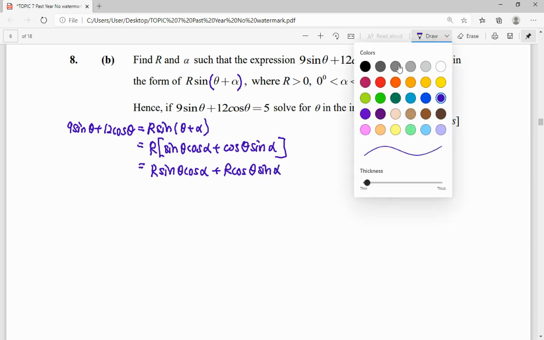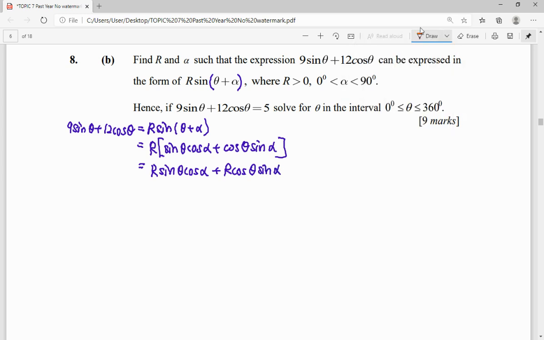So as we compare here, we must manage to get two equations because we need to find two unknowns here. So sine theta compare with the terms with sine theta, cos theta compare with the terms with cos theta. So from here we can get our first equation where the coefficient of sine theta is 9.